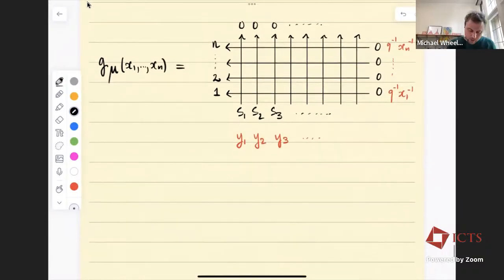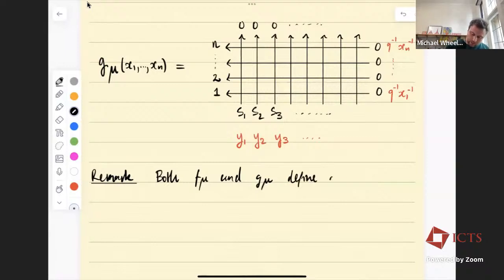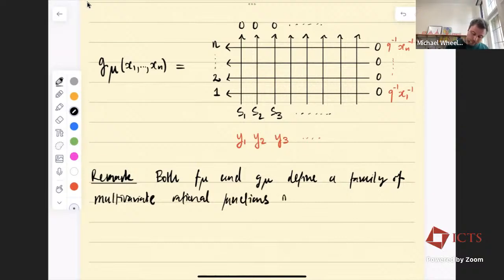So let's maybe just make some remarks about these. So both f mu and g mu define a family of multivariate rational functions in their variables.